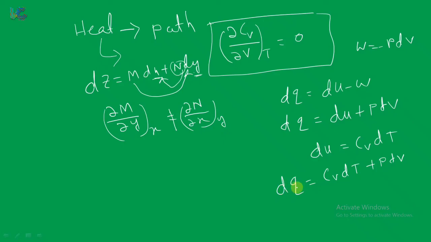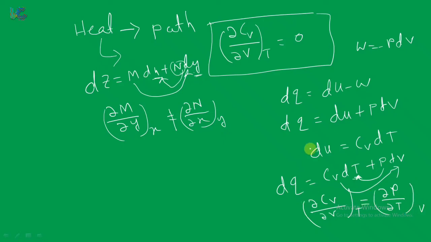Now you compare this equation with this same kind of equation, dz equal to mdx plus ndy. Here dq is equal to cvdt plus pdv. That means if you write del cv with respect to v, constant will be t, and del p with respect to t, constant will be v, if these two are equal, then heat is a state function.